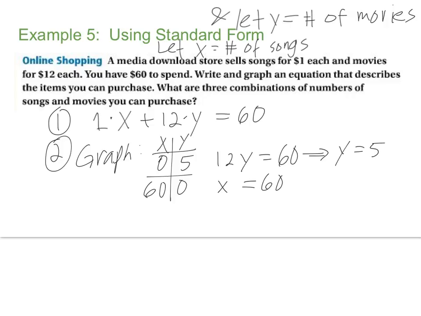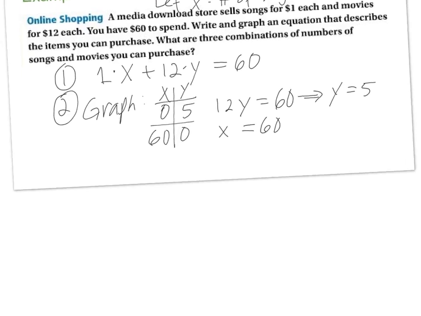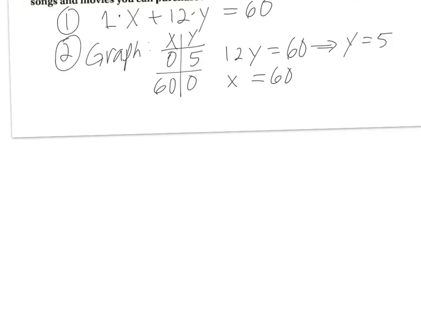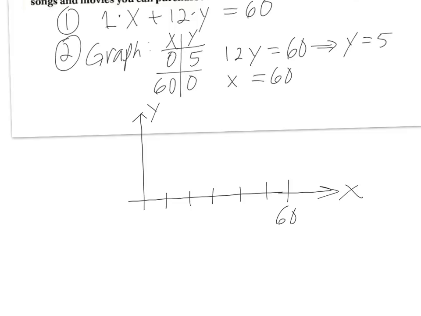So when I go to graph, because on the x-axis I'm dealing with such a large number, it might be useful to go by tens on the x-axis and fives on the y-axis. Now, the other thing to realize is this is number of movies.